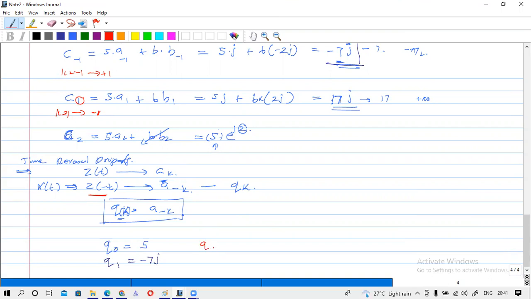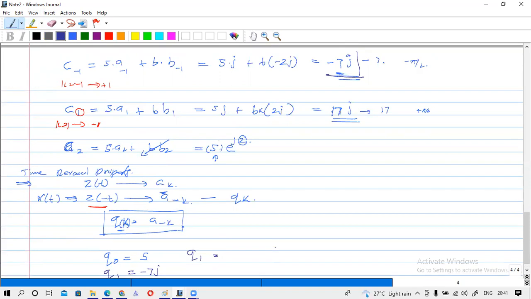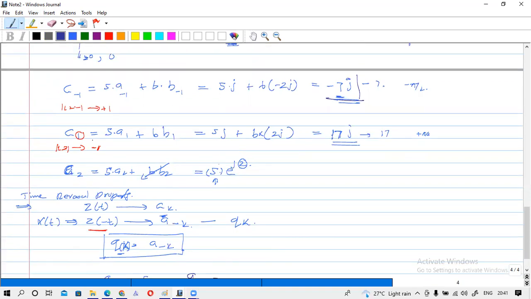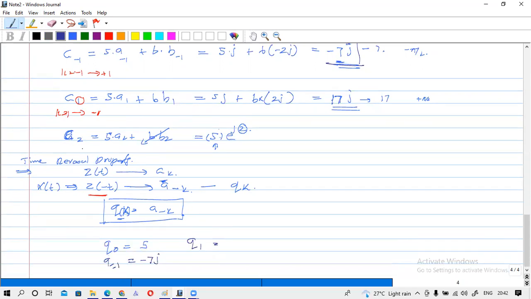Sorry, this will be q1, with qk equal to a minus k.